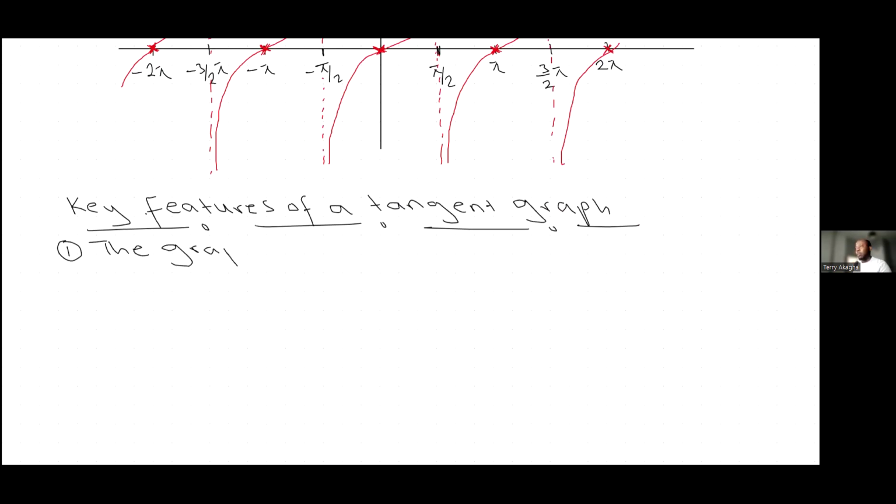So the graph repeats every pi radian, or 180 degrees, okay? Number 2, there is no minimum value.